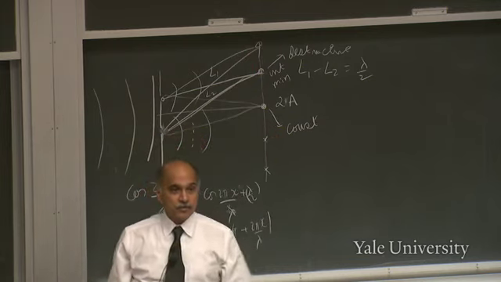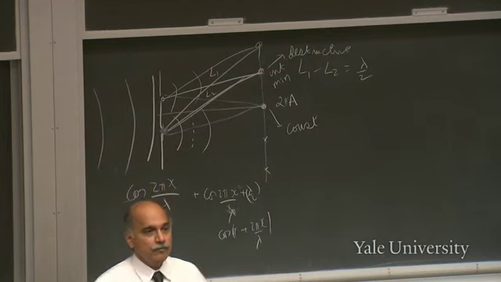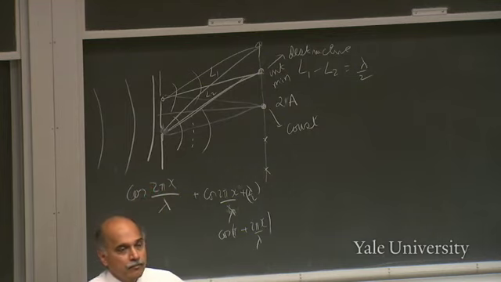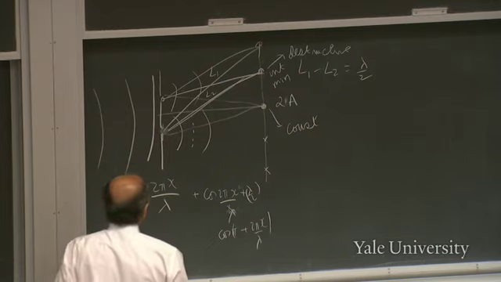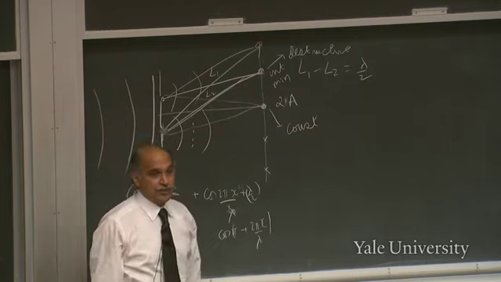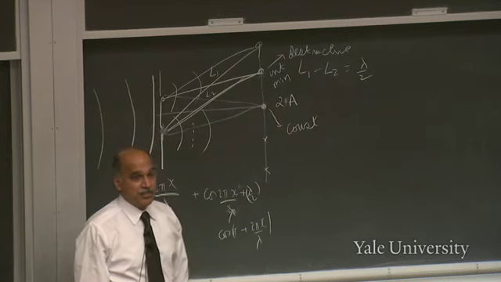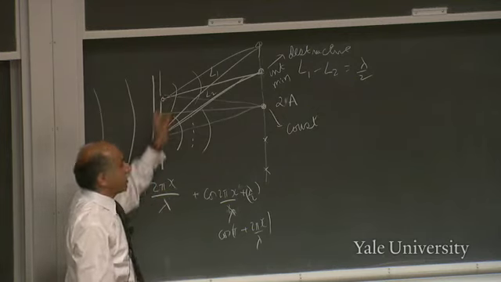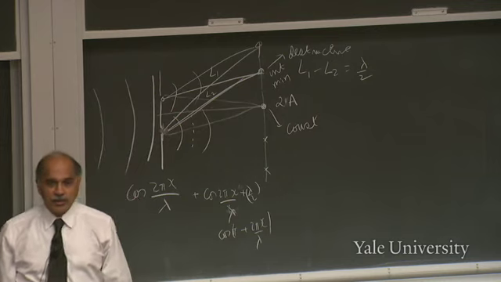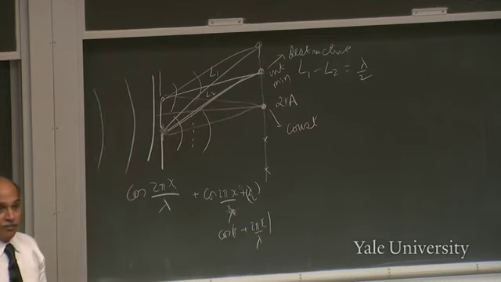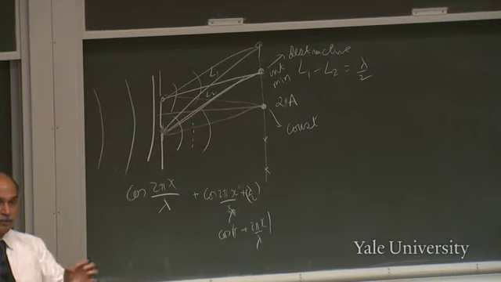Yes? How is the amplitude of the waves before the slits related to the amplitude of the waves after the slits? It need not be the same. It all depends on the aperture and so on. But what is clear by symmetry is that these two have the same amplitude. In practice, we believe the amplitude will also be the same, because amplitude has to be continuous when you go through a slit.